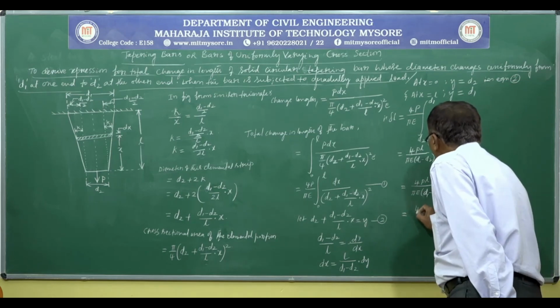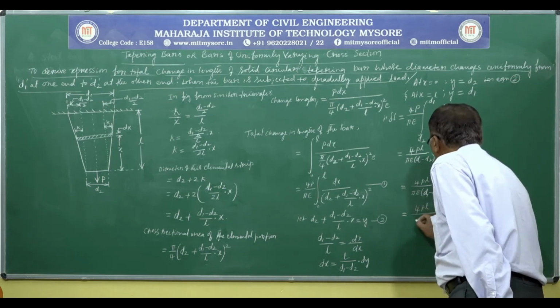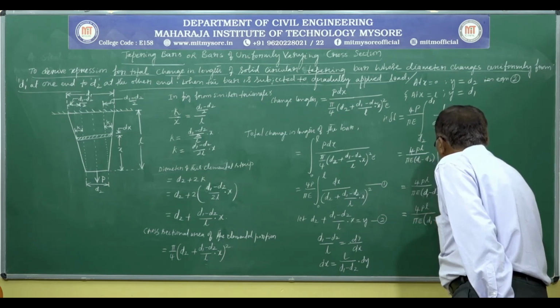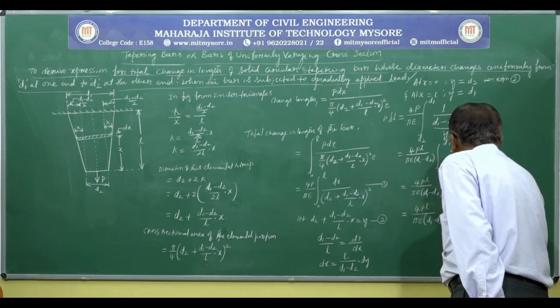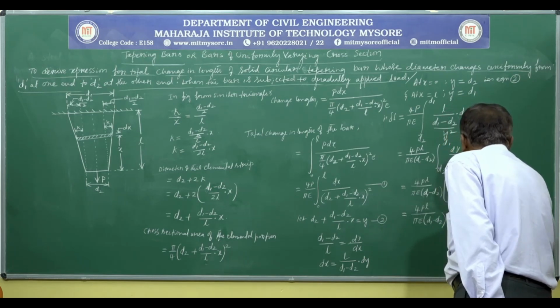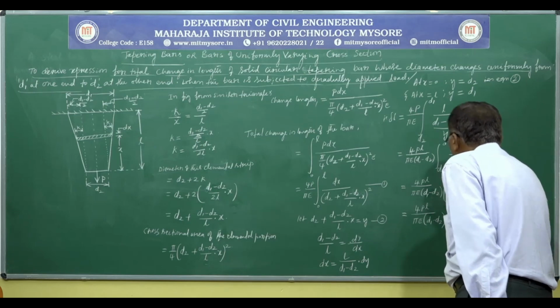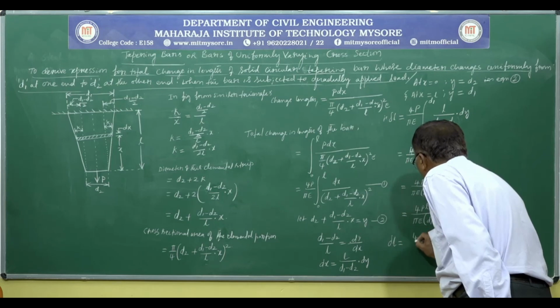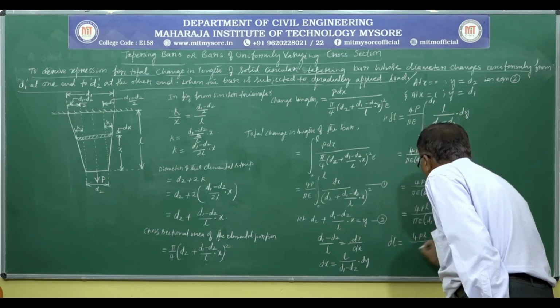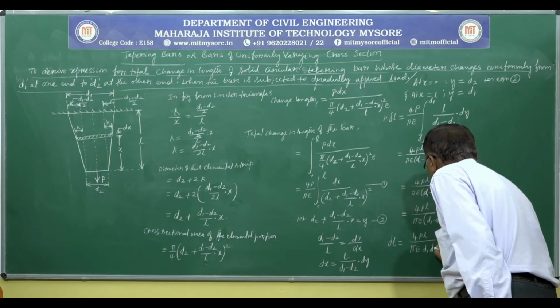That is equal to 4PL divided by pi E into (d1 minus d2) times (minus 1 over d1 plus 1 over d2). If you rearrange and write, you will get delta L is equal to 4PL divided by pi E into d1 d2.